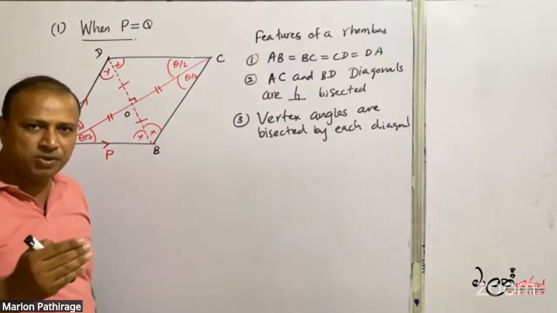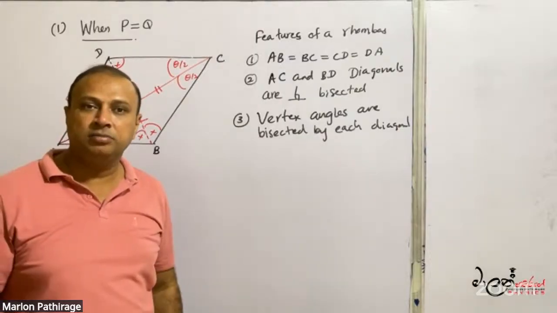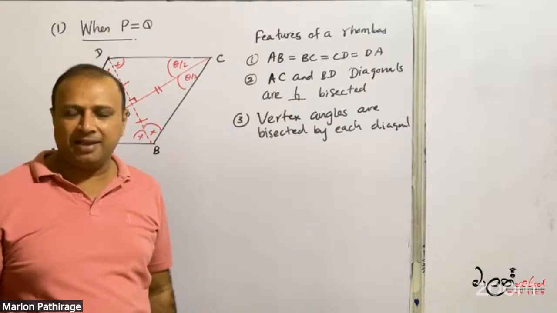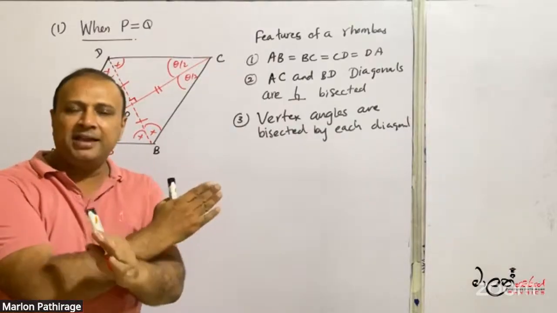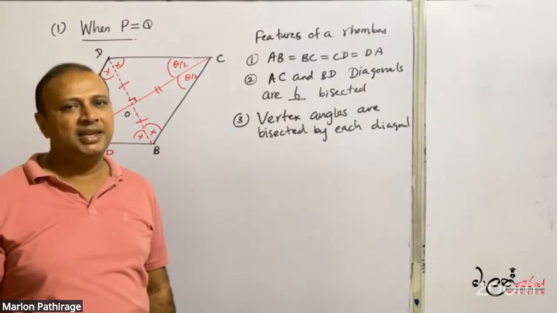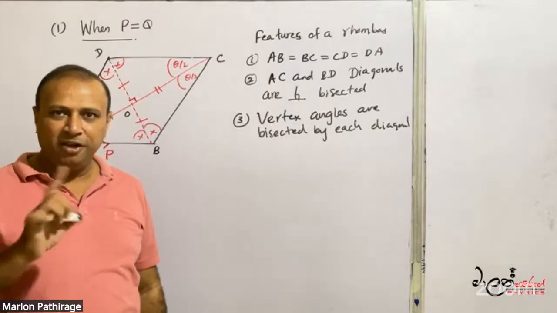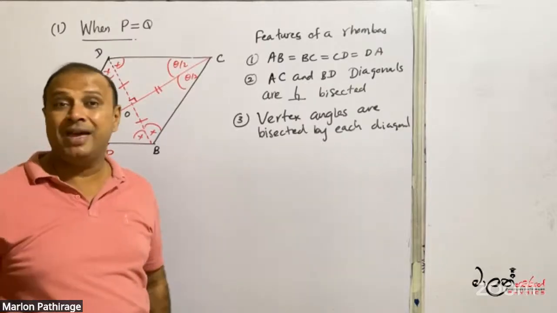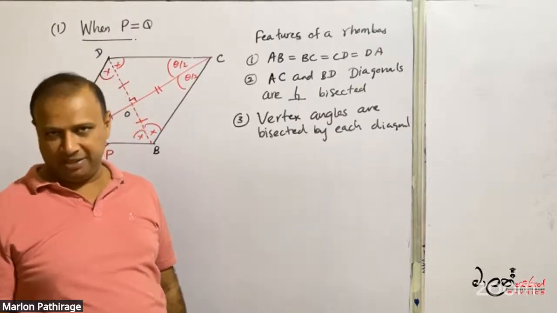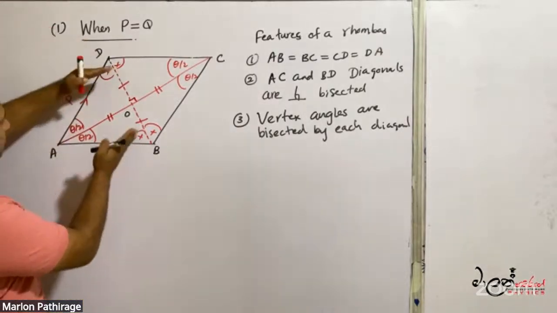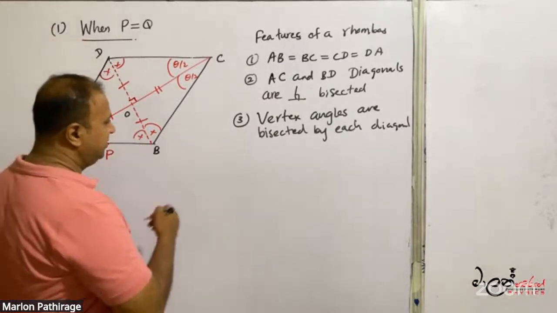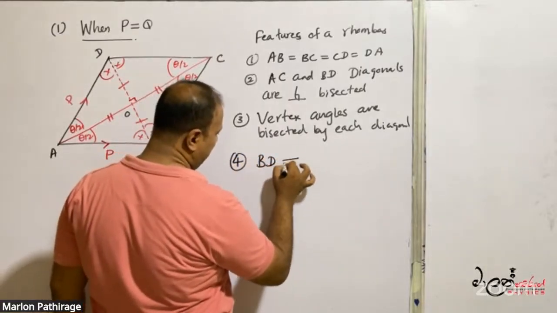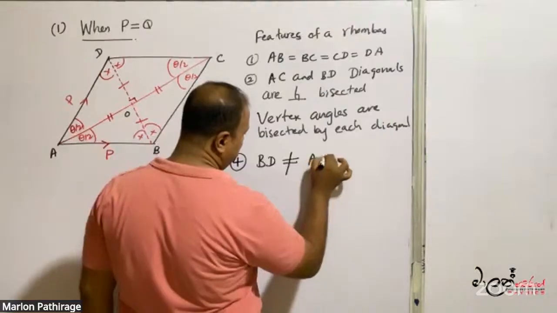So when it comes to a square or rectangle, the diagonals are equal in length. But if it is a rhombus, that is a special feature: the two diagonals are not equal in length. One is shorter than the other. BD is unequal to AC.